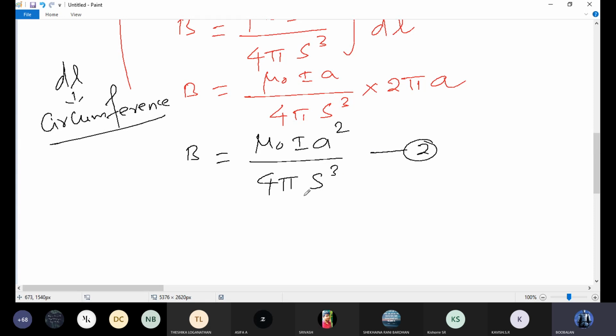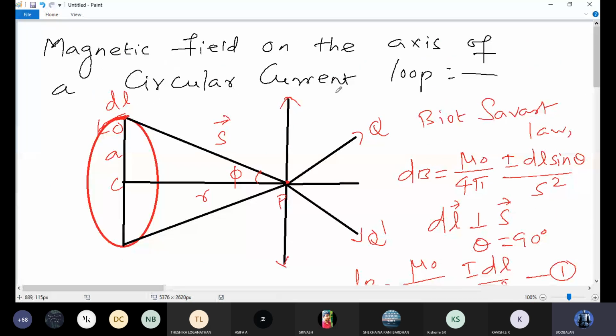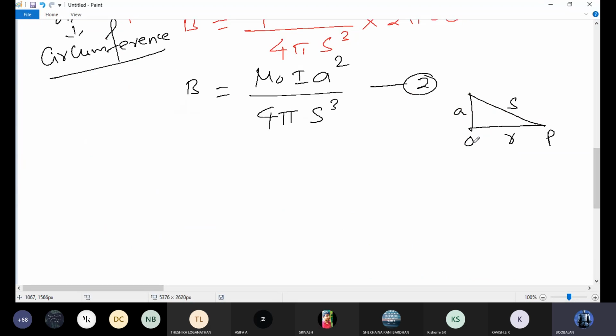Now I am finding the value of S from the above diagram. Listen. So this is O, this is the A, this is the point B. This distance is S, and this is R. O to P is R. It is the right angle triangle COP.